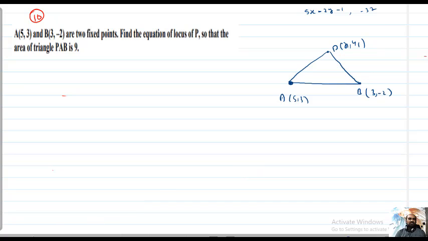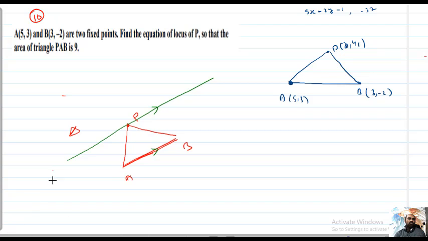So this is an interesting problem, students, because listen, this is a line segment AB. We want to find out the locus of point P, which makes an area of 9 with this line segment AB. For example, one such point is this, so that the area of triangle PAB equals 9 square units. Do one thing, through P draw a line parallel to AB.